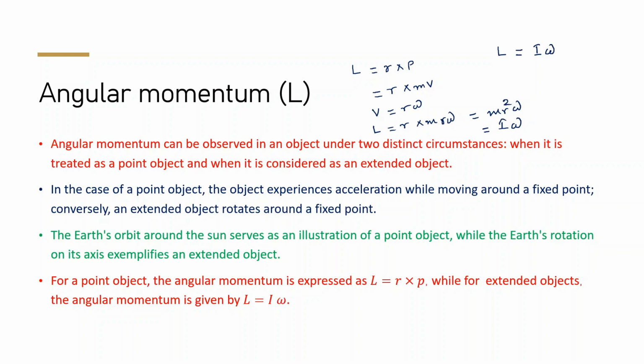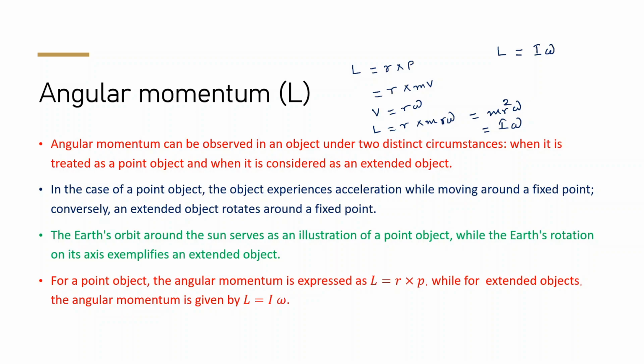By considering L equal to R cross P, we have arrived at this result. For a point object, the angular momentum is L equal to R cross P. For an extended object, the angular momentum is L equal to I omega. You should know the difference between the point object and the extended object. In the case of point object, the object experiences acceleration while moving around a fixed point.